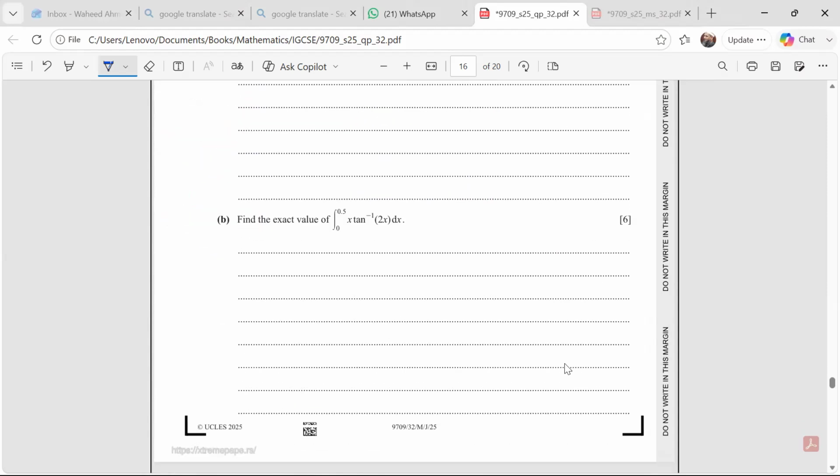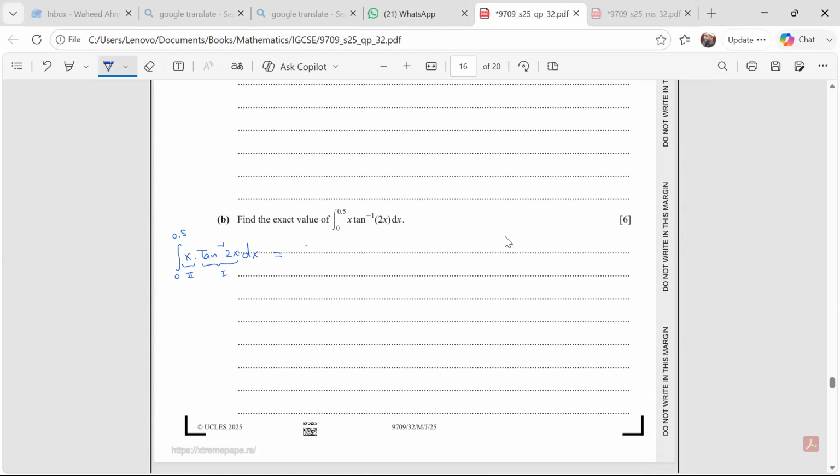Part B, find the exact value of this integral. Let's integrate it by parts. We have the integral from 0 to 0.5 of x tangent inverse 2x dx. I will call x my first function and tangent inverse 2x my second function.